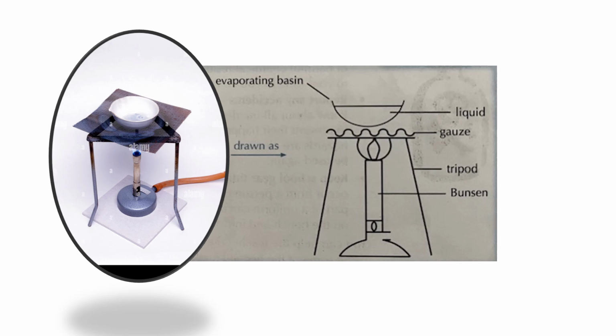Now you want to record this experiment with a drawing in your laboratory book. How are we going to draw this one? Right, tripod, you remember the symbol? Now here, the perfect Bunsen burner drawing and the flame is there. This is the mesh. Okay. And the evaporating basin, like a curve, and you mention the liquid. Did you see that?